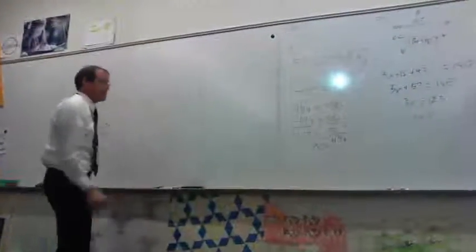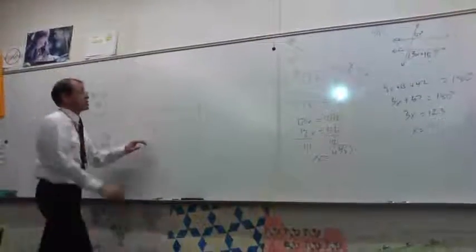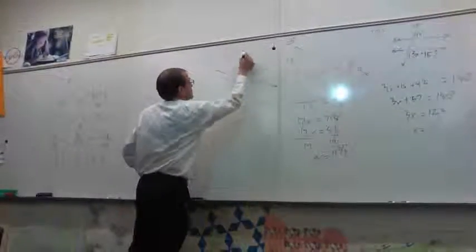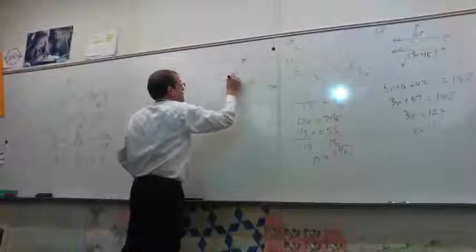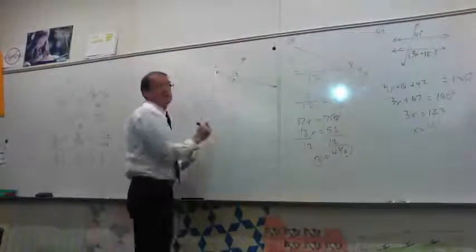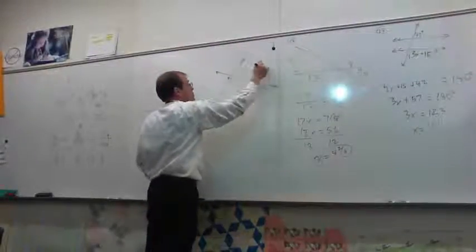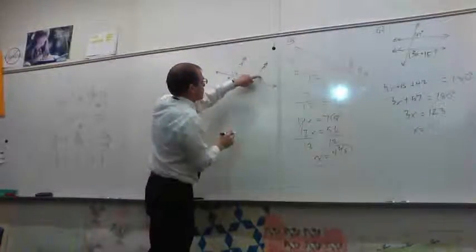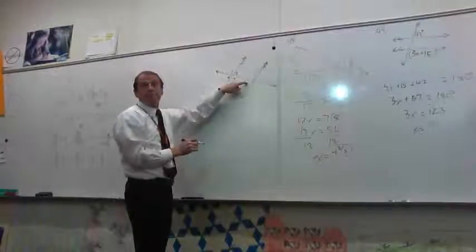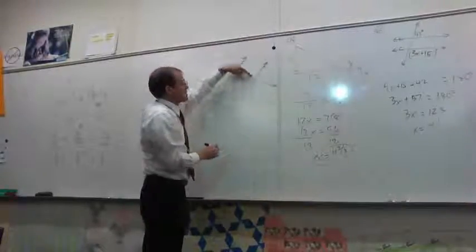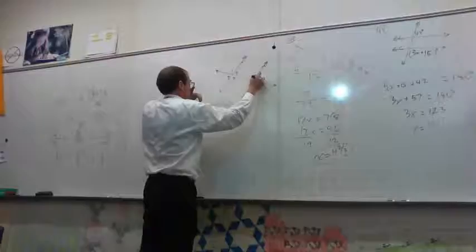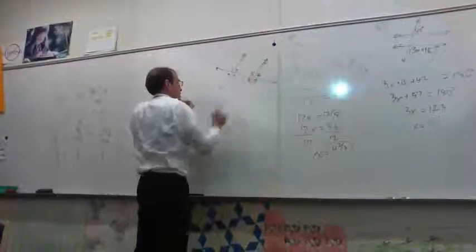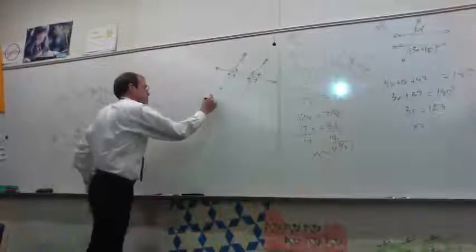Okay, I'm going to write these because it's a little hard to read in here. Is this 1, 2, 3, 4? These two lines are parallel. These are the reasons.